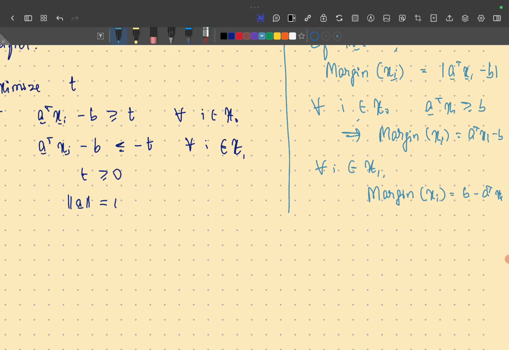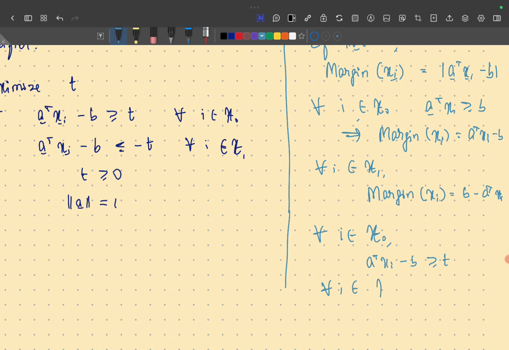All right. So for all i in x0, I want the margin to be at least t. So I want A transpose xi minus b to be greater than or equal to t.